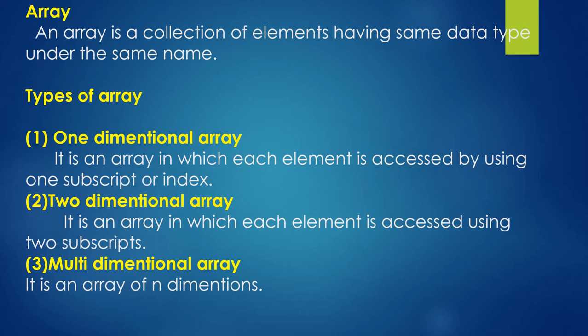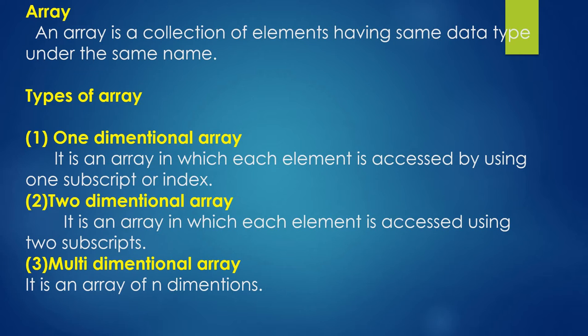First, one-dimensional array. In a one-dimensional array, you are using only one subscript for accessing an element. That is, if you want to take one element from a one-dimensional array, we need one subscript or index.